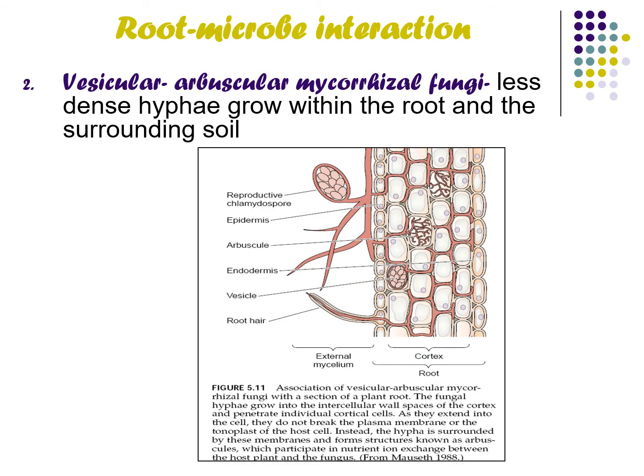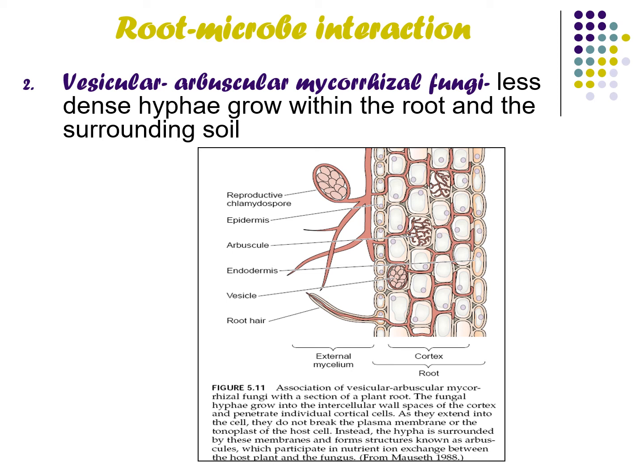Unlike the ectomycorrhizae, the hyphae of the endomycorrhizae develop extensively within cortical cells of the host roots. The most common type of endomycorrhiza is the vesicular arbuscular mycorrhiza, or the VAM.